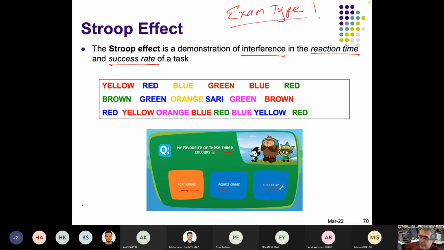For example, when you have thank you, teşekkür ederiz, in red, in a message, and also with an exclamation mark in a dialogue, the user may understand that there is an error. They may think that there is an error because it is in red. So the red meaning conflicts with the content of the message.